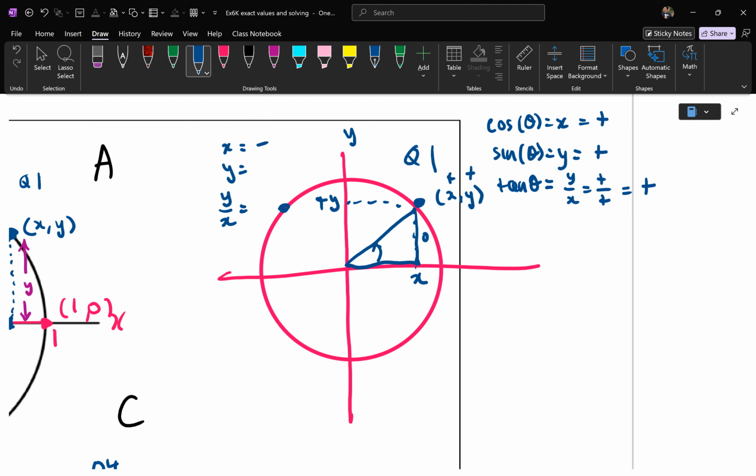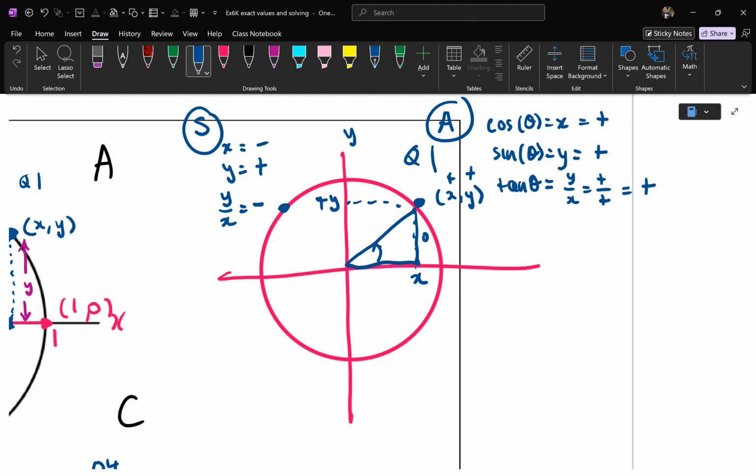But then what about the y values? Is this positive or negative? Positive. So if I then use tan, which is y divided by x, positive divided by negative will give me negative, which means only y is going to be positive in this region, meaning only the y values or only sine. That's why we call this the S region.